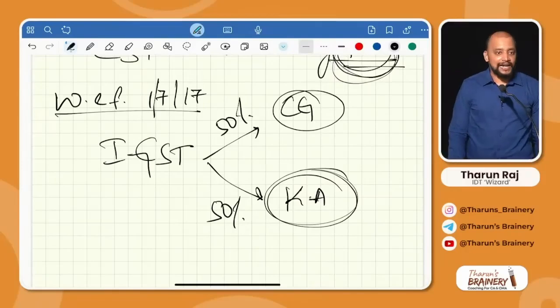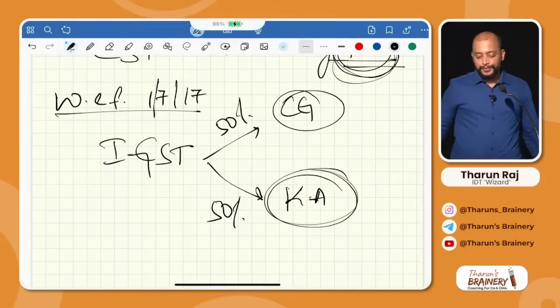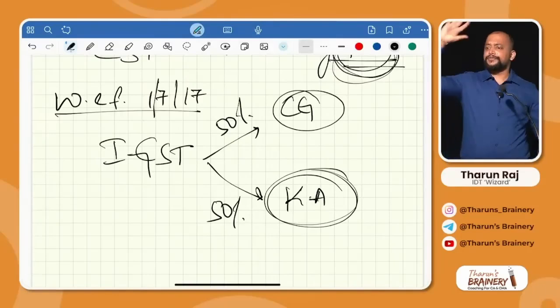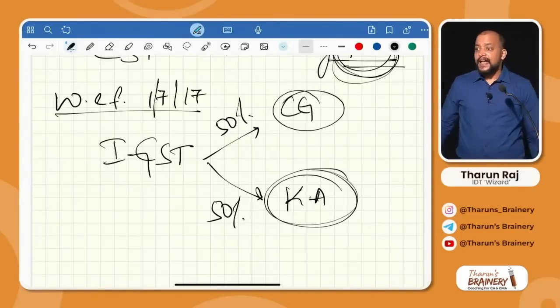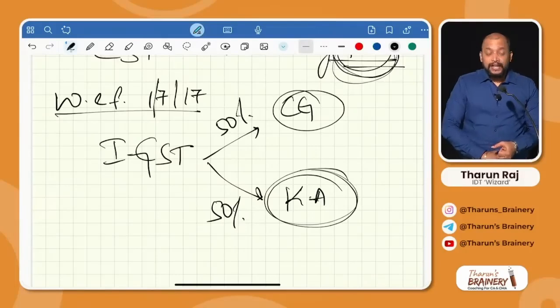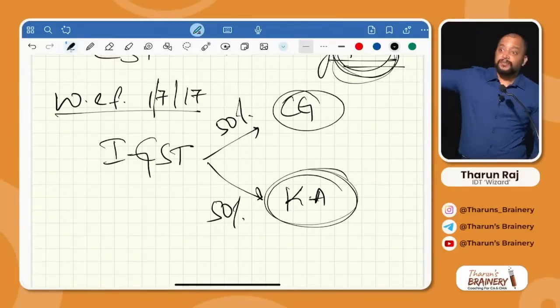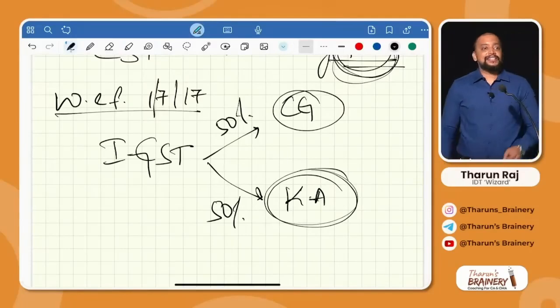Then what are we getting? For which the central government said, don't worry, we will compensate you for the loss suffered. But the central government is not paying out of its own pocket. In turn, it is collecting from the people only, called GST compensation cess.